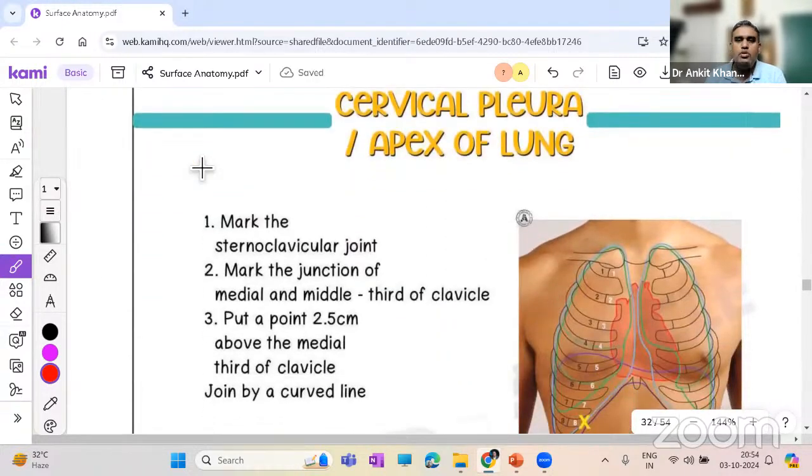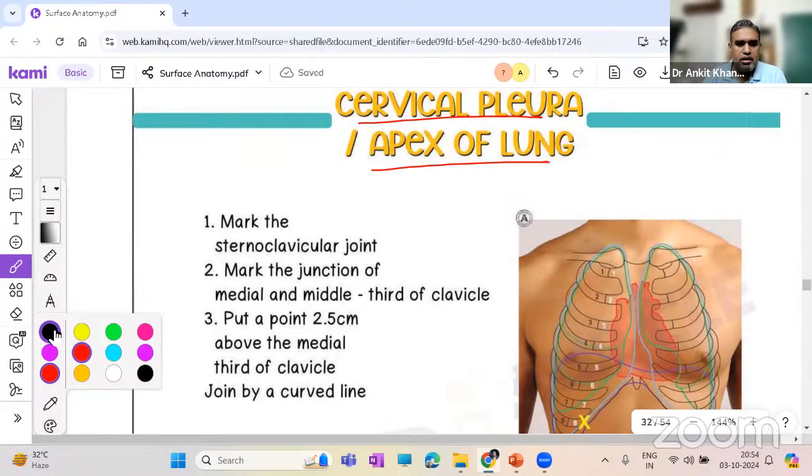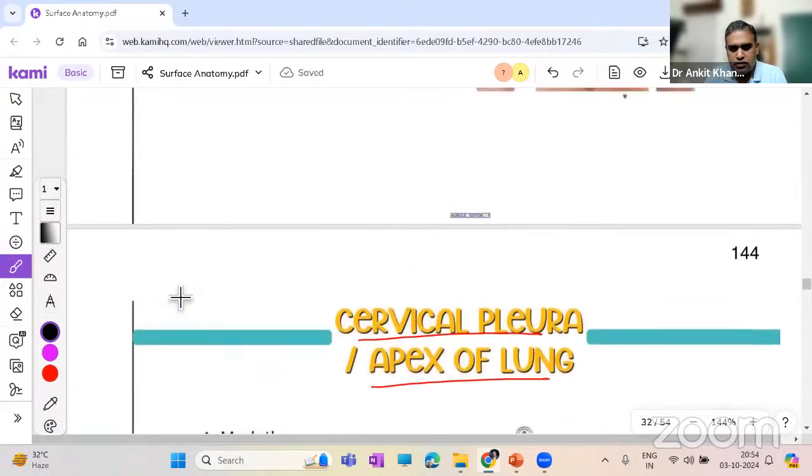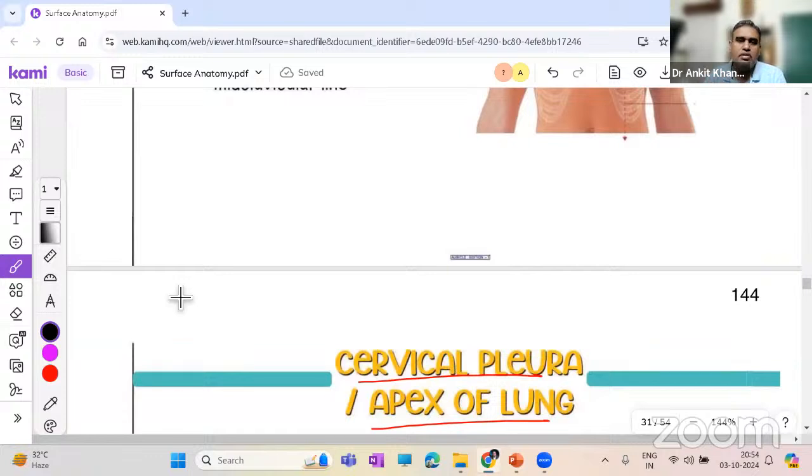Now coming to the cervical pleura, apex of lung. In lungs, you have two things to see: the pleura and the lungs per se. So cervical pleura or apex of the lungs, where to see, the surface anatomy. Pleura is divided into 3-4 names. Let us first have a brief introduction. We have two lungs, the right lung and the left lung.